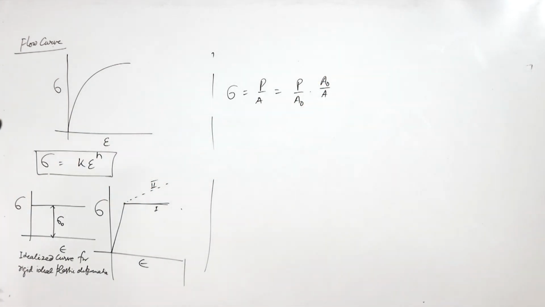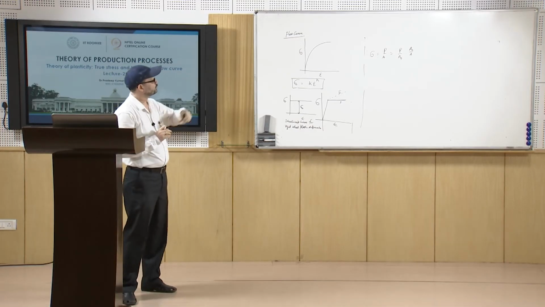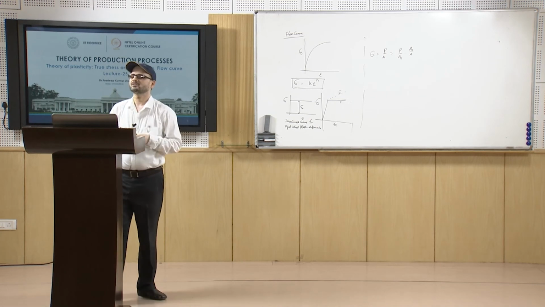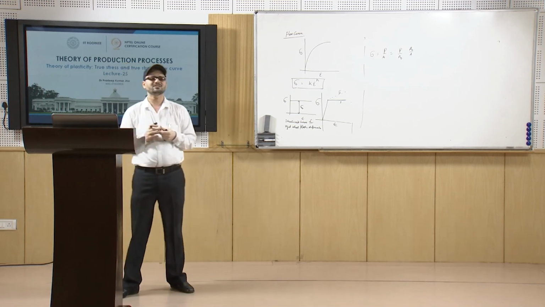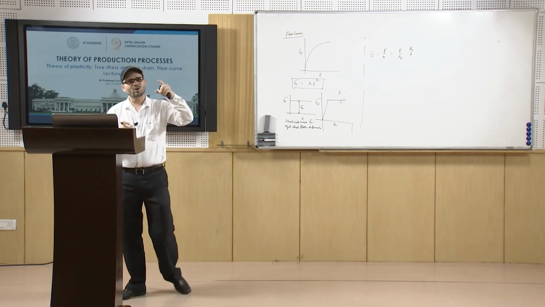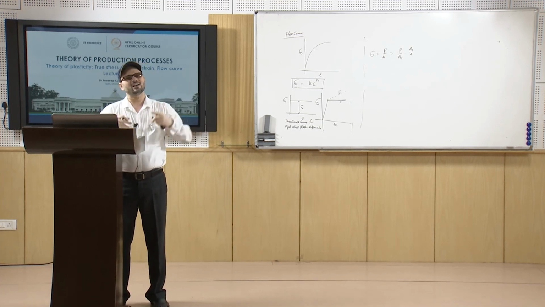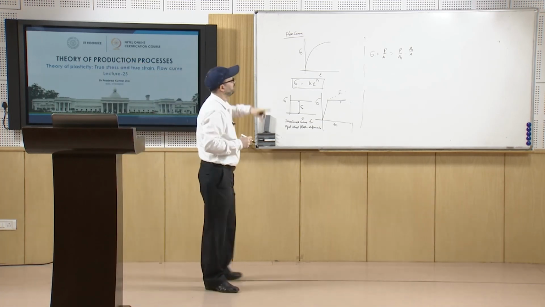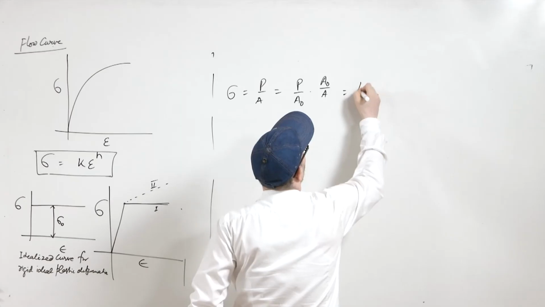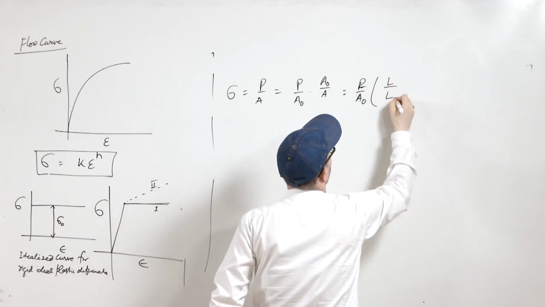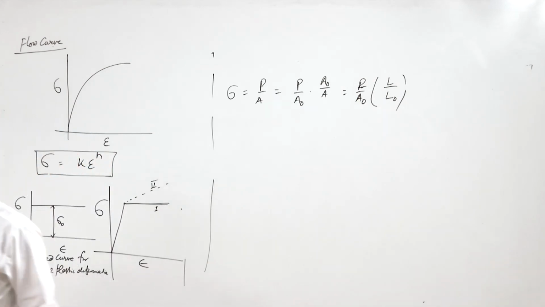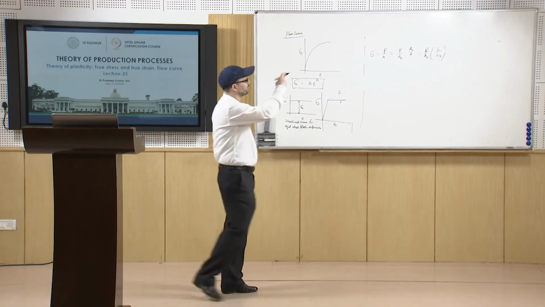P by A naught will be the engineering stress S, and A naught by A will be the same as L by L naught, as we earlier discussed, because of the constancy of volume relationship.